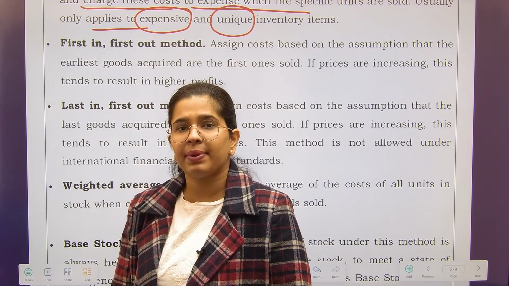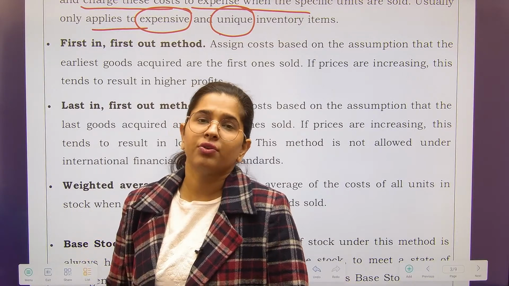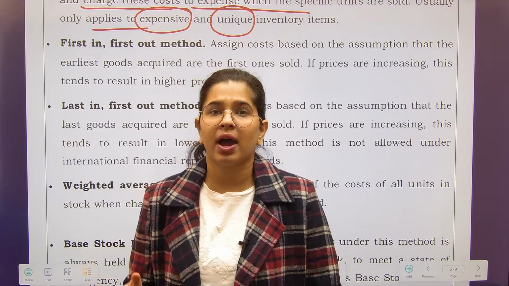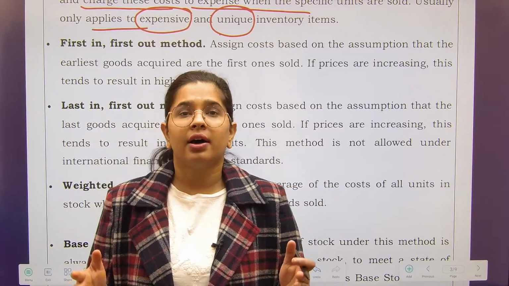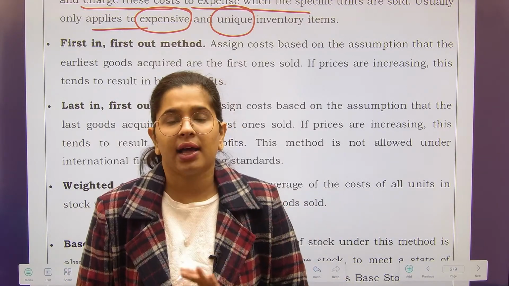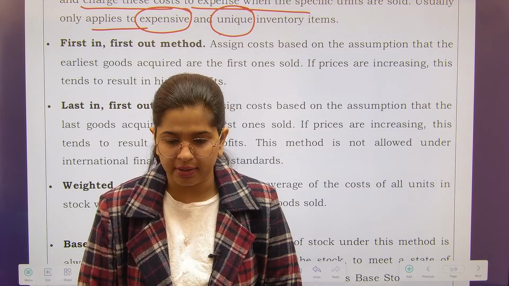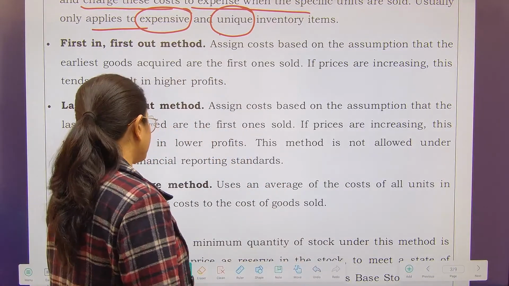This practice is applicable in the case of finished goods as well. All those finished goods cartons that you have produced at an earlier date, please send them for sale, otherwise they will expire, right? So this is the first in, first out method. Let's see what happens in it.